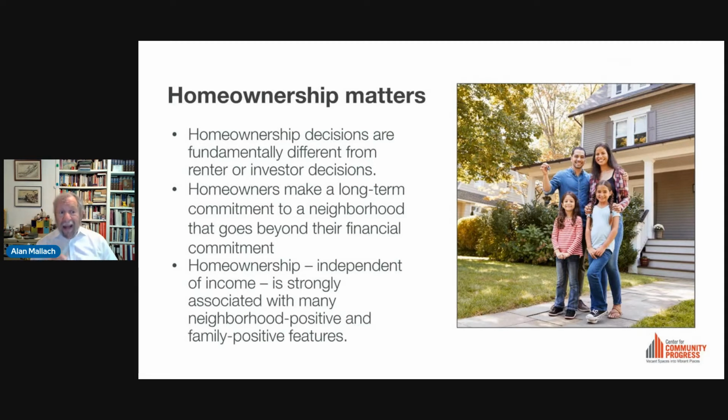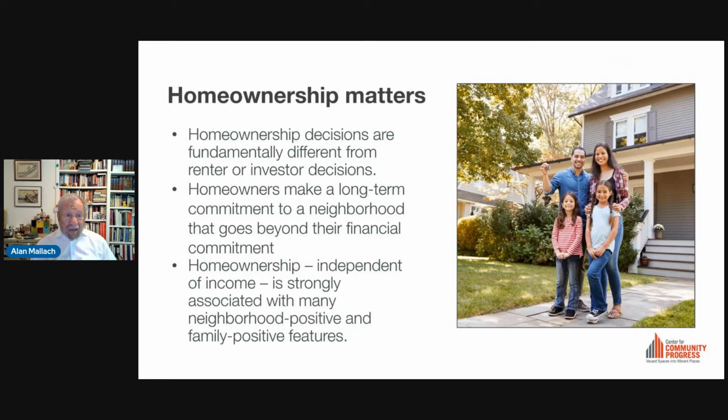Now, a lot of that has to do with the fact that homeowners stay in the same house for a lot longer than renters. Renters typically don't stay in the same house or apartment for more than 2 to 3 years, and sometimes less. As I mentioned, homeowners often stay 15, 20 years. But the fact is, that is a difference that's associated with the form of tenure.